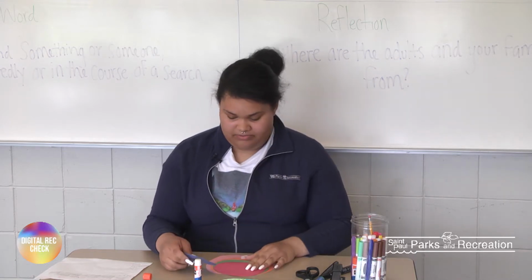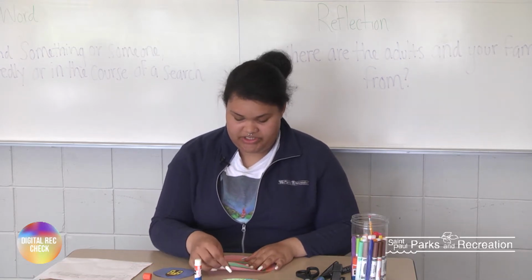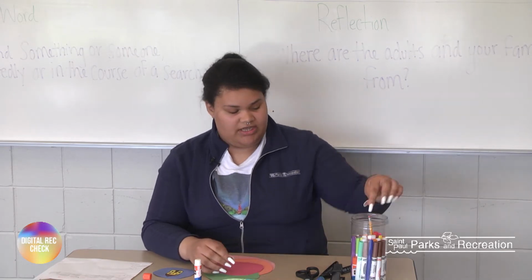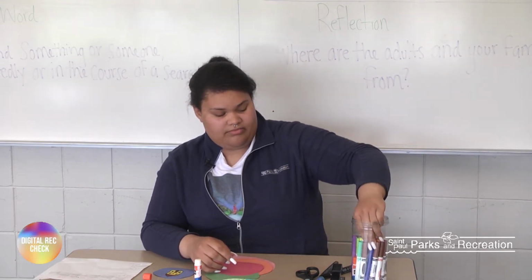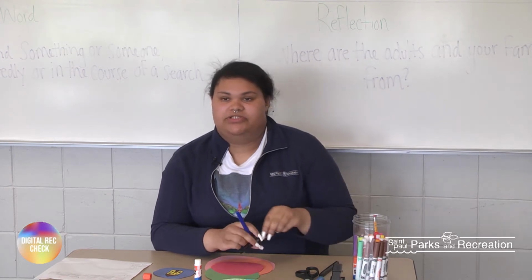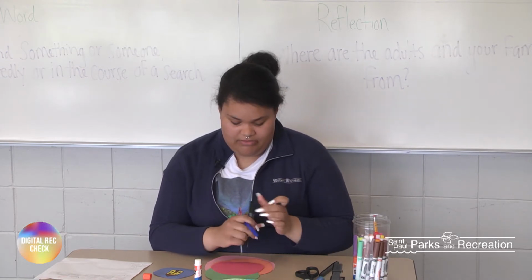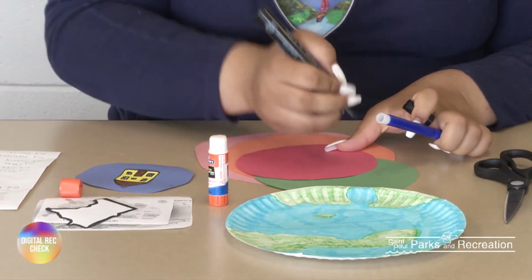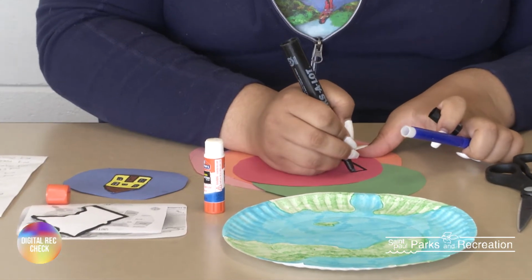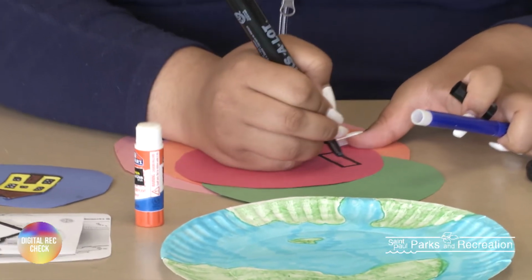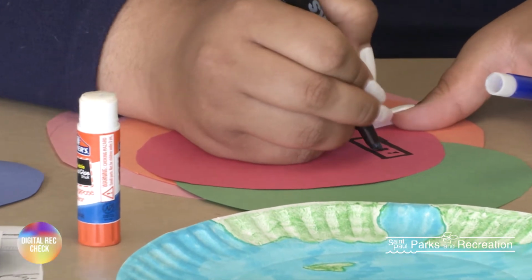For our next one, this one is going to be our city. So for this one, I'm going to draw just some buildings to represent downtown. It doesn't have to be perfect. It's really just how you want to do it. So I'm just going to draw some big buildings.